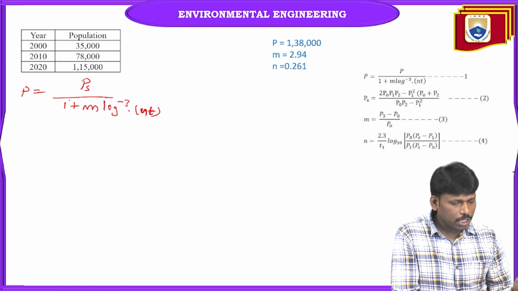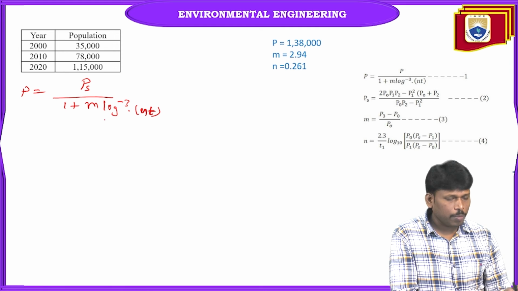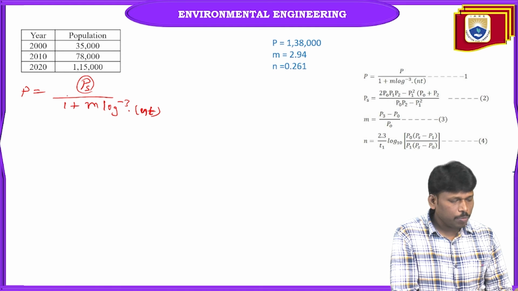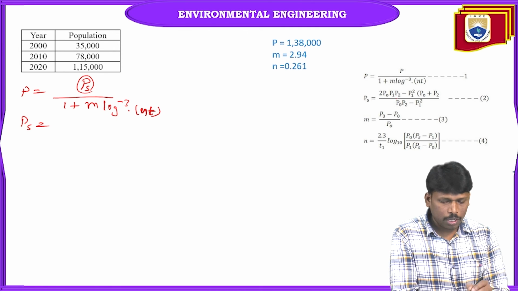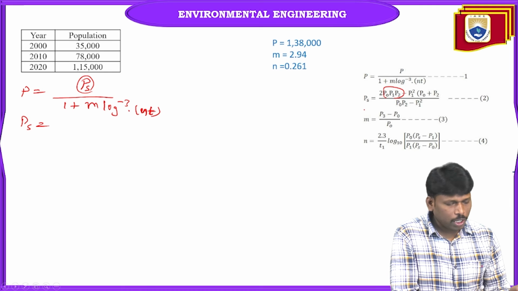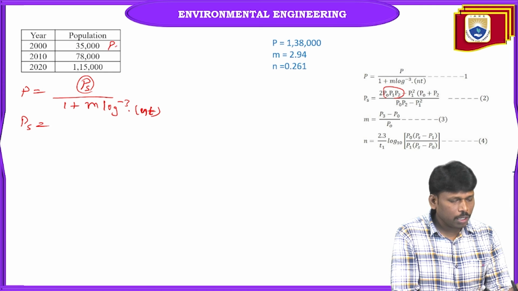M is the final value of population after transition. So in order to get this PS, we need to work out on this formula. So here you can see 2 into P0, P1, P2, because these are the populations. Whatever values we have, this is P0, P1, and P2.